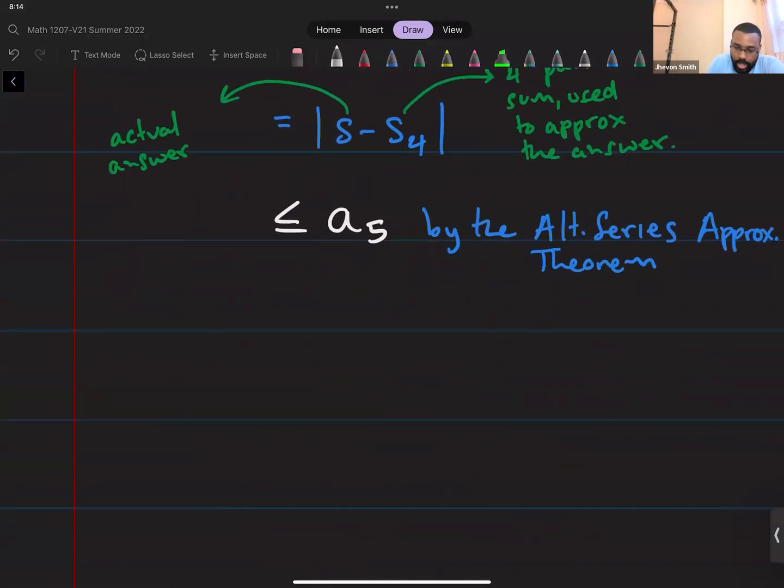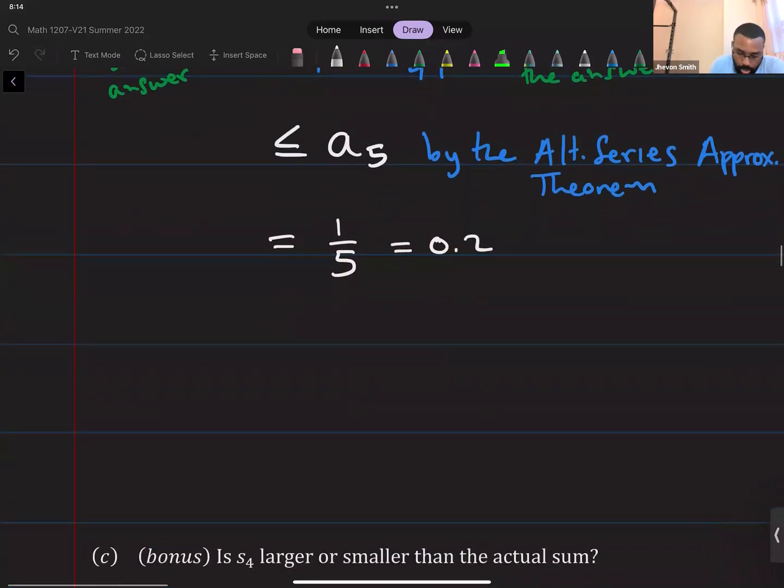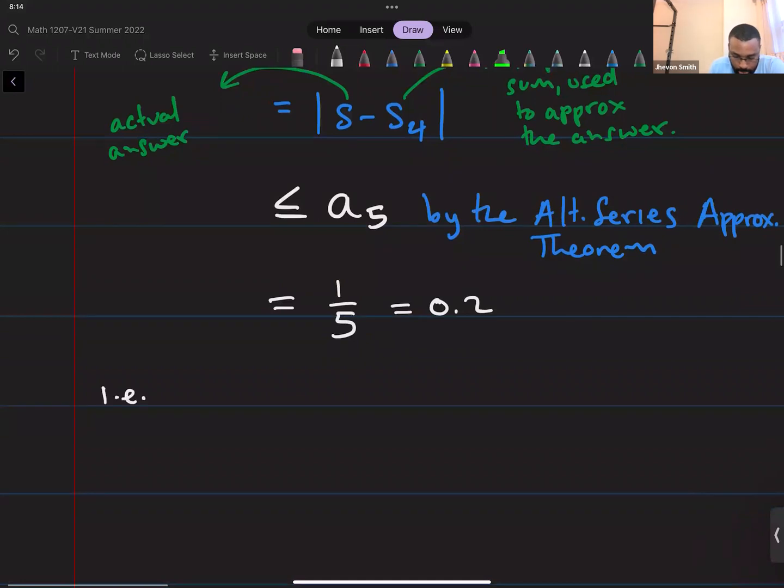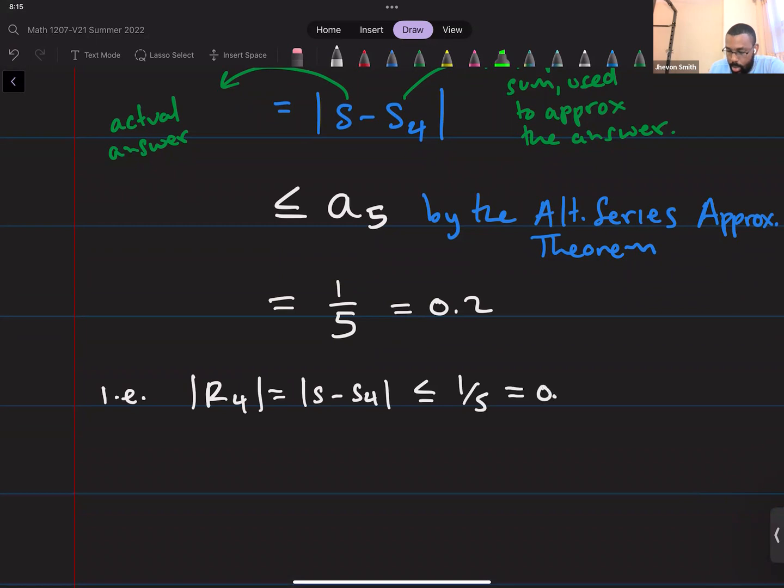So the magnitude is 1/5, which is literally 0.2. So R4 equals S minus S4 is going to be less than or equal to 1/5, or 0.2. And that's going to be our error.